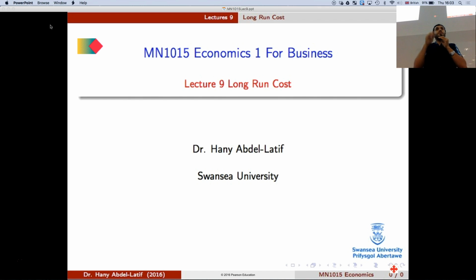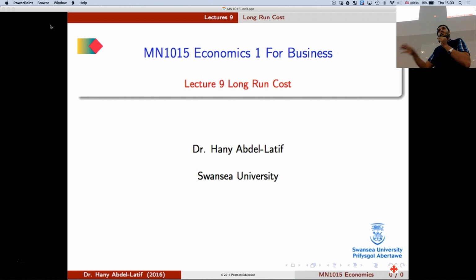So we have some of the inputs that we cannot change, then we are in the short run. If you're able to change all inputs, then we move to the long run. And that's what we're going to see today.